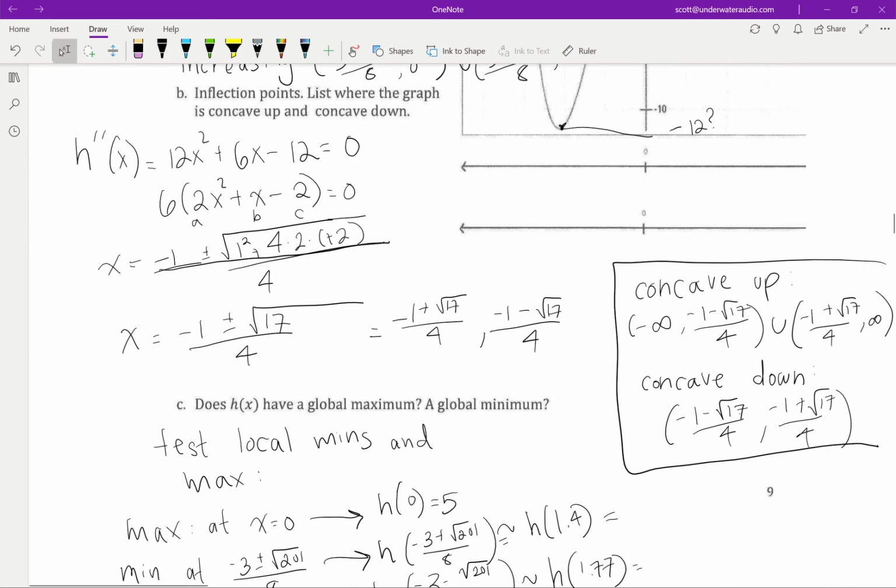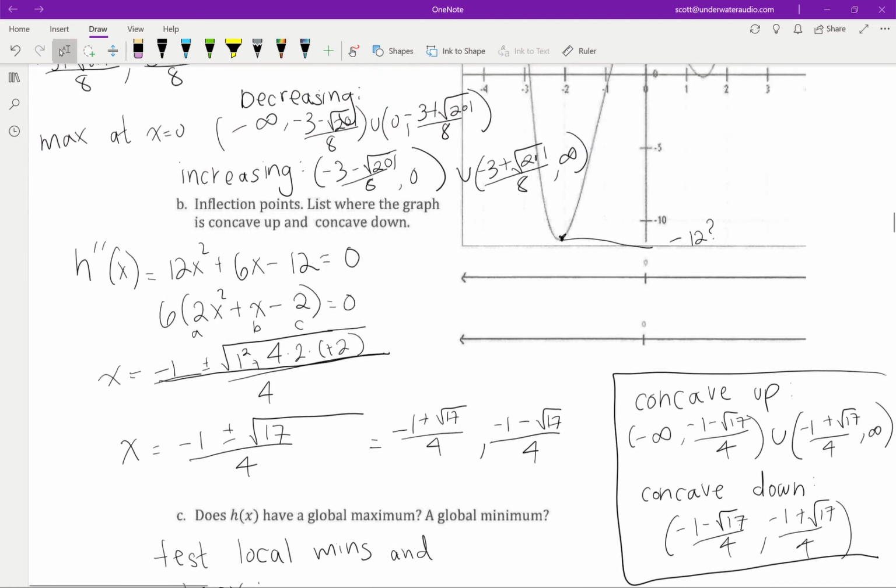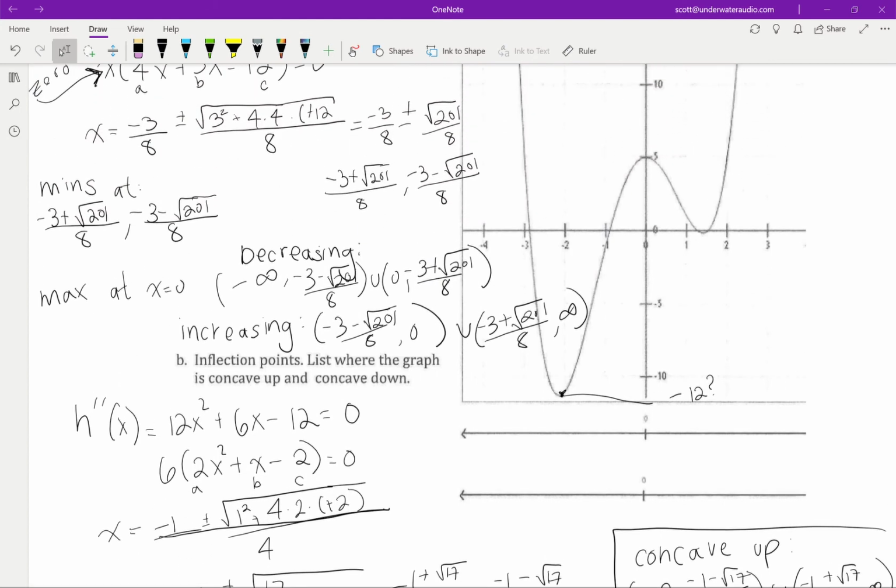It turns out I'm using a crappier calculator than I thought, so I'm going to skip this calculator. What I would do is plug 1.4 into the original equation. Now I know that this point right here is approximately 1.4, and when I plug that in, I should get some number that's pretty close to 0.